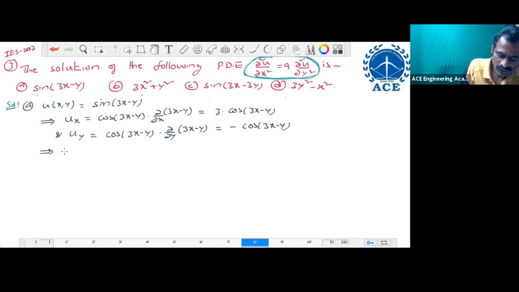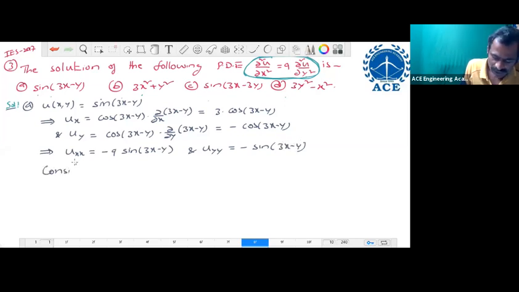Next we require the second order derivatives. u_xx: u_x is 3 cos, differentiate again, 3 × 3 = 9, so −9 sin(3x − y). And u_yy: derivative of cos is minus sine, and from the inner function we get one more minus, so −sin(3x − y).